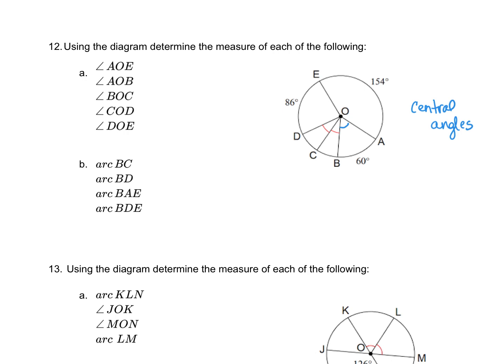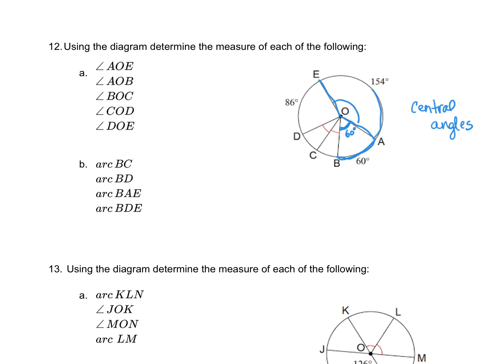As I mentioned on the previous page, for central angles, whatever the measure of the arc is, the angle is congruent or equivalent. So if the first one asks for angle AOE, angle AOE is this angle here.